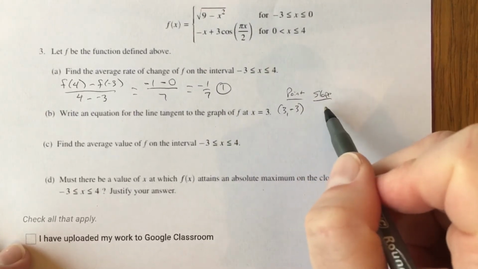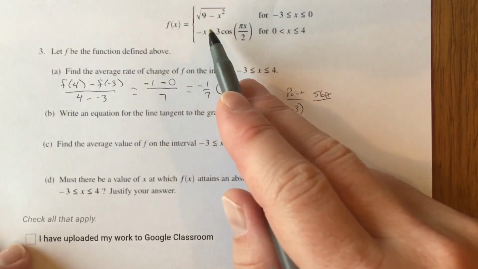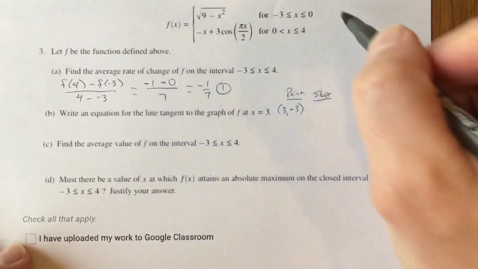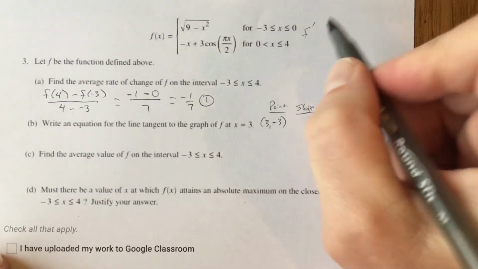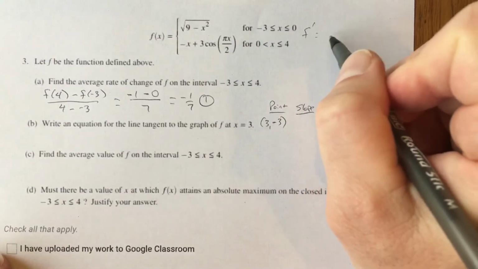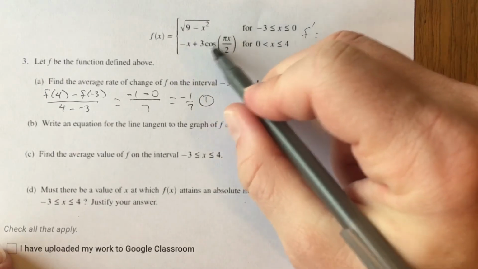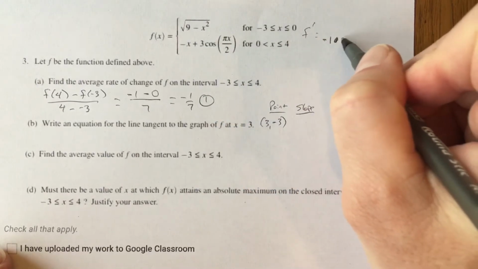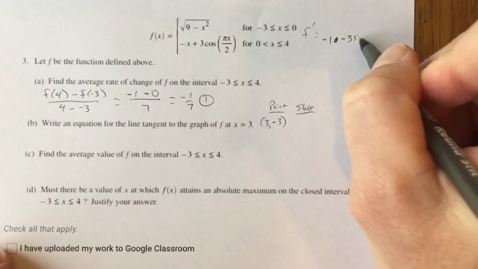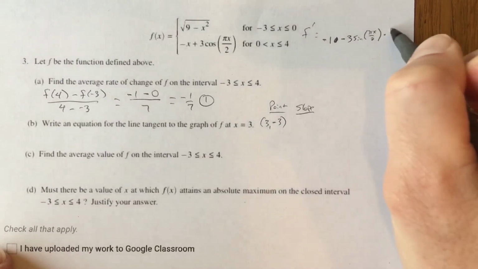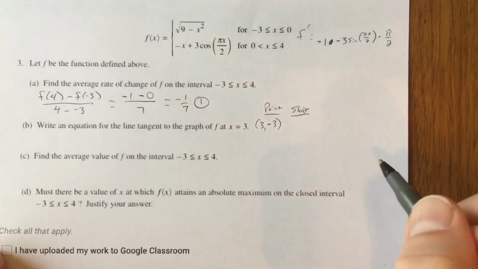All right. As far as the slope goes, we need to take the derivative of this. We're looking at 3, so really it's only the derivative of this part. So f prime is going to be -1 plus 3 times the derivative of cosine, so that's a negative sign. So I'll go -3 sine of pi x over 2 times the derivative of the inside, which is pi over 2.